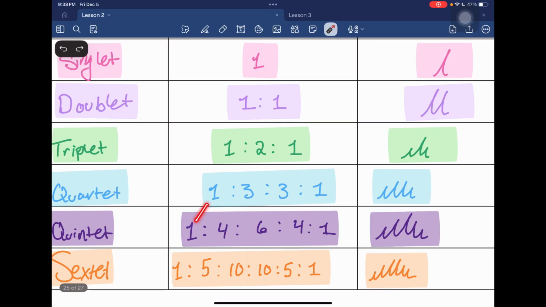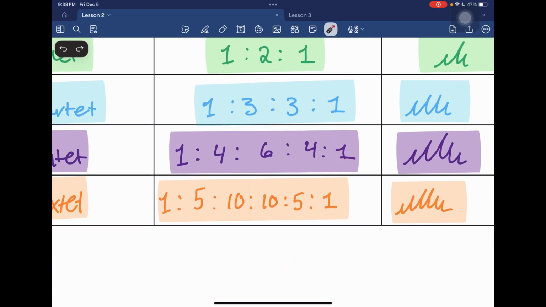You go down with 1, you add 1 plus 3, 3 plus 3, 3 plus 1. 1 plus 3 is 4, 3 plus 3 is 6, 3 plus 1 is 4, and you get a 1. You keep going down, that's going to be a 1. 1 plus 4 is 5, 4 plus 6 is 10, 6 plus 4 is 10, 4 plus 1 is 5, and we end up with a 1 right here.